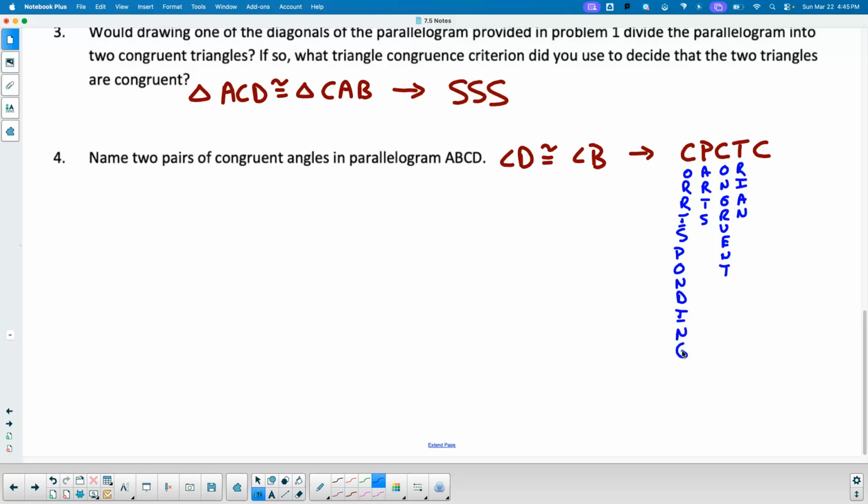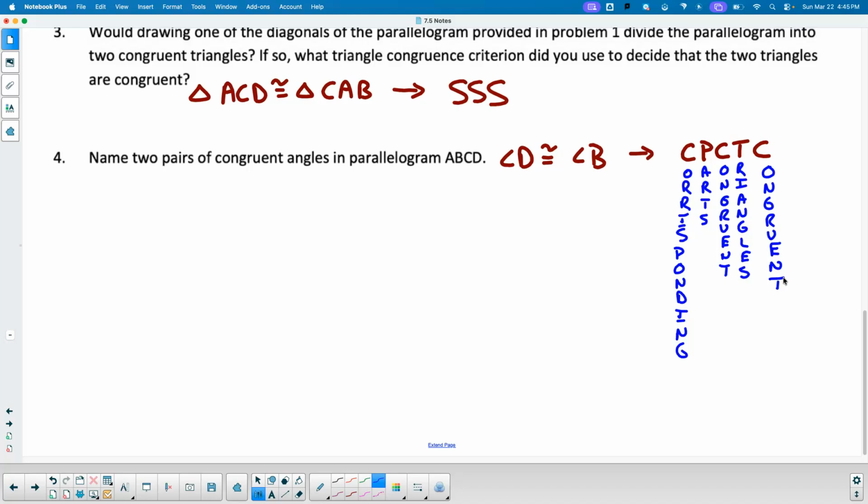Corresponding parts of congruent triangles are congruent. Okay. But we shorten that up to CPCTC.